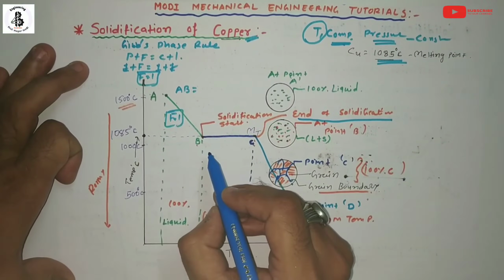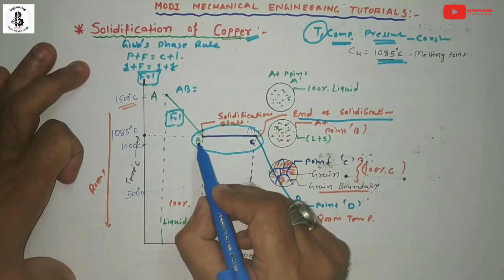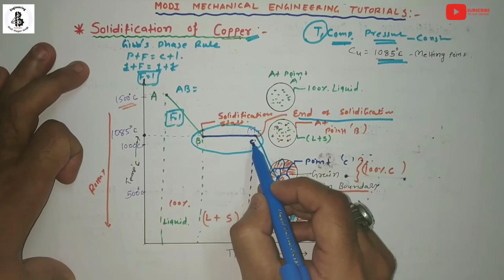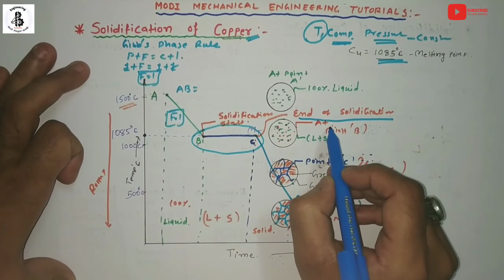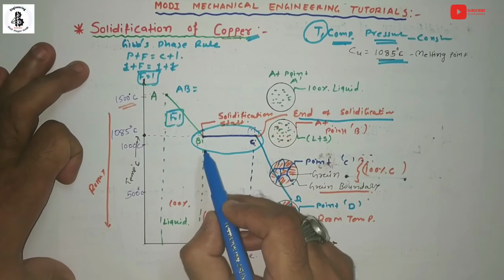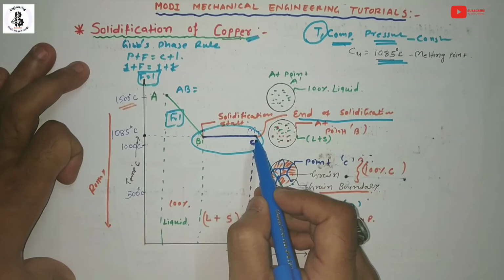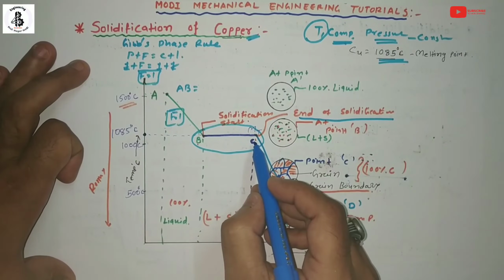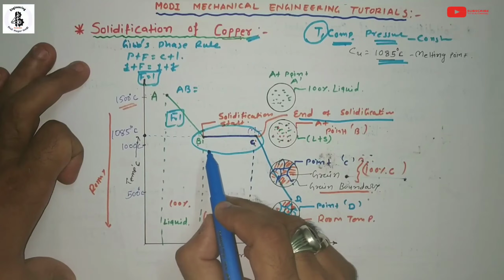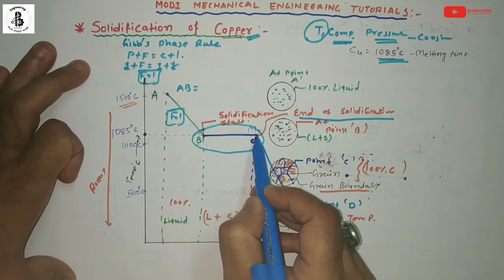Now we will see the B to C region. B represents the starting point of the solidification, and C is the end point of the solidification. According to the cooling curve for copper, it solidifies at constant temperature. No single variable affects the changing of the phase; in simple words, at constant temperature 100% liquid converts into 100% solid.